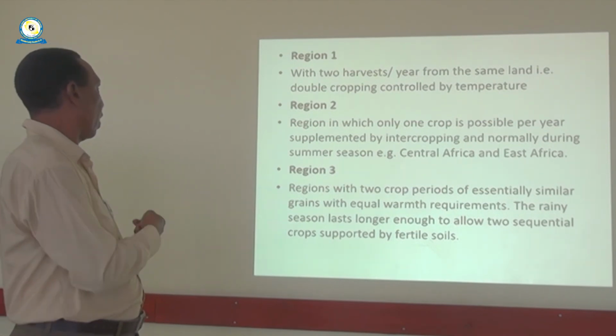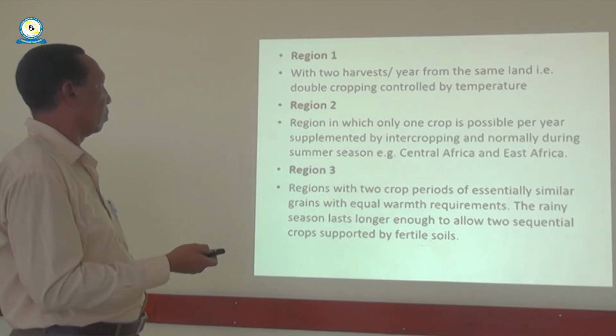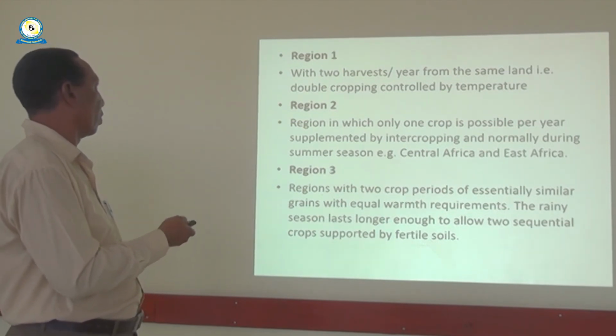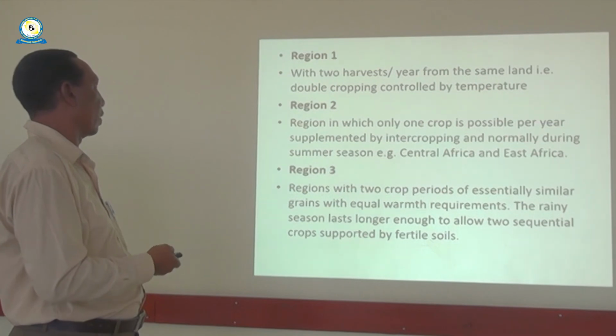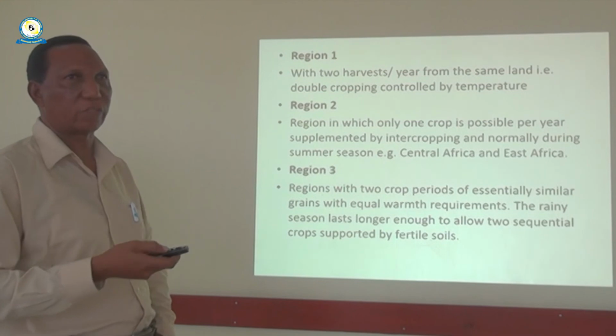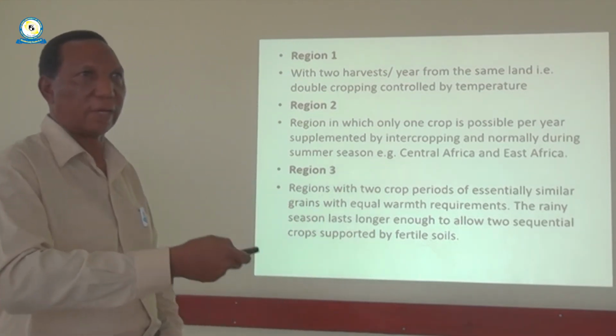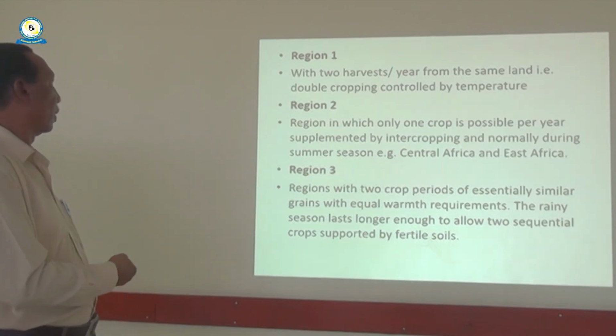We find region 1, for example, with 2 harvests from the same land. That's double cropping controlled by temperature. You see, temperature can control. In one season you don't get one type of crop, but in the other season you get another one.